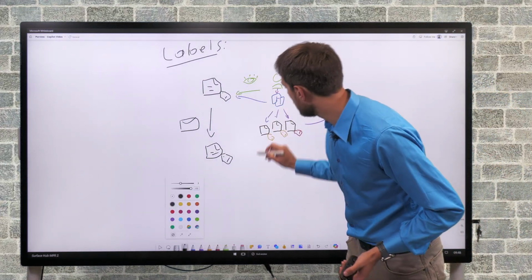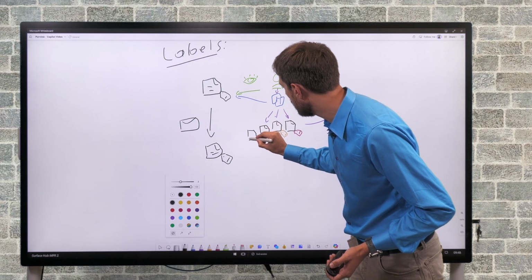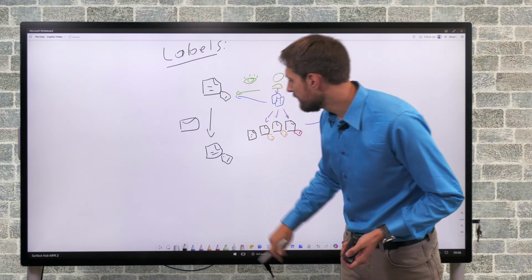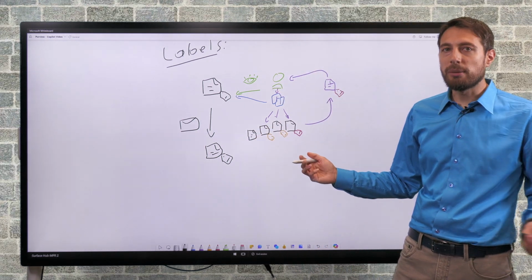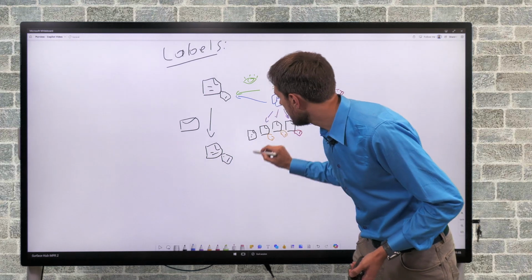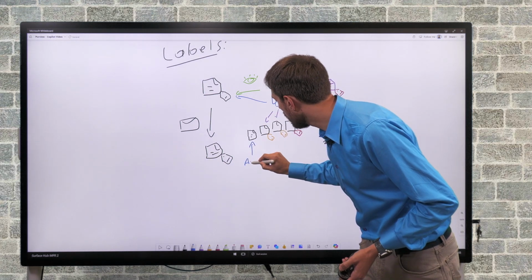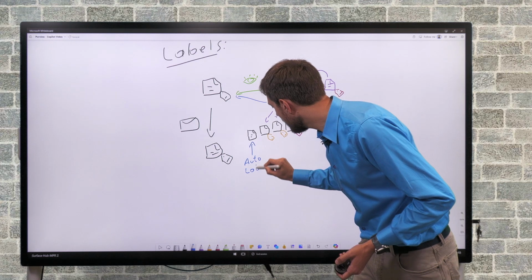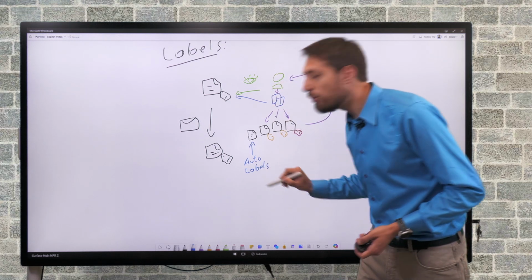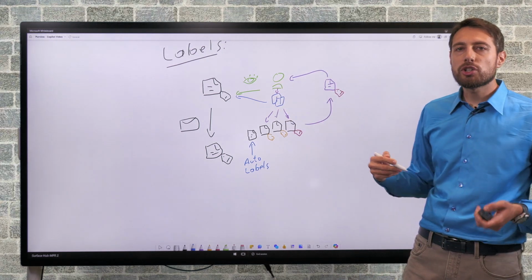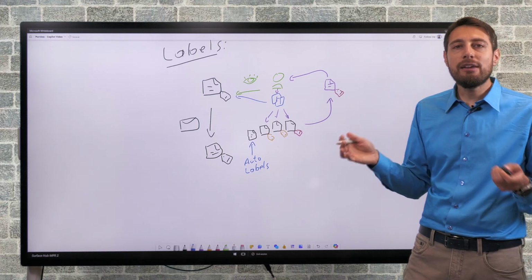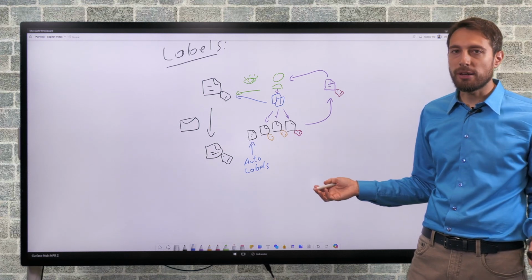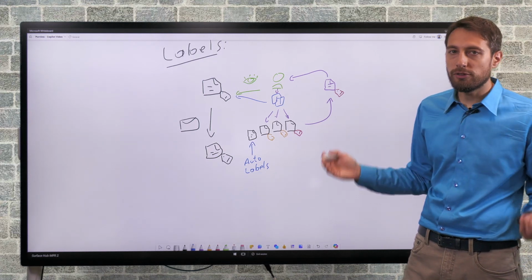As mentioned in the previous video, Microsoft was very keen to ensure that Copilot doesn't make information more accessible than it already is. But now you may ask, what if Copilot draws information from files that aren't labeled? Let's say in our example, we have a fourth file here that has no label. That's not a problem, because here we can use something that is called auto-labeling. As the name implies, this allows us to specify rules by which content should be labeled. For example, if a file contains personally identifiable information, it should be labeled confidential.